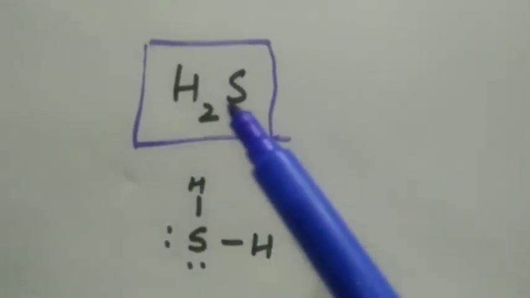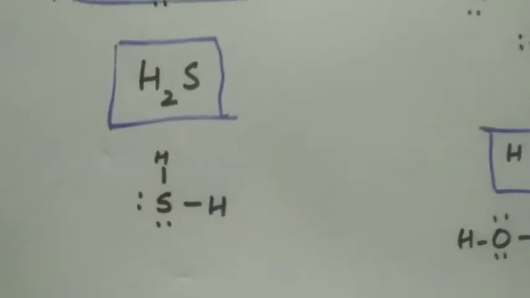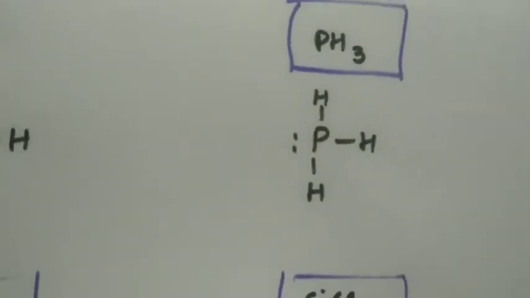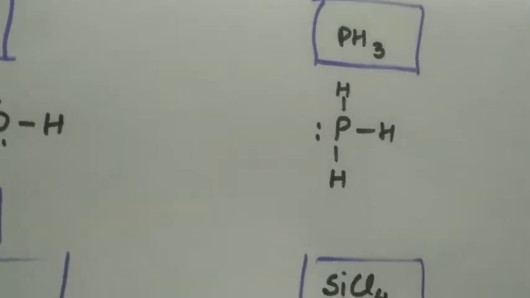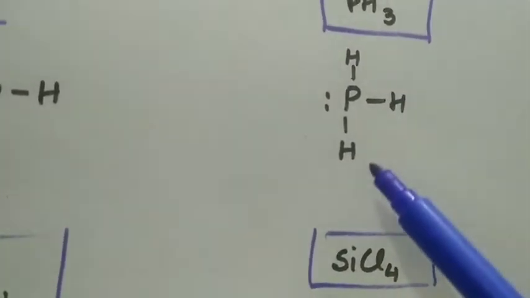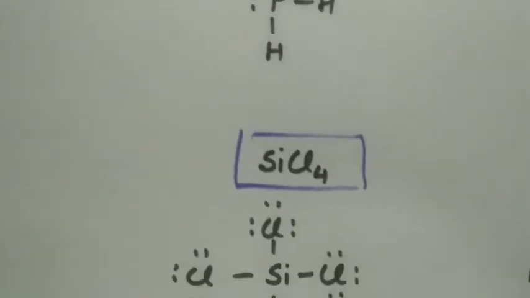Total electrons will be 2 plus 6, 8. So 2, 4, 6 and 8. This is for H2S. Next is PH3. So 5 plus 3, 8 electrons, 2 between each of the atoms and 2 as lone pair.